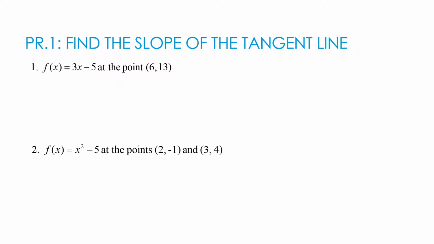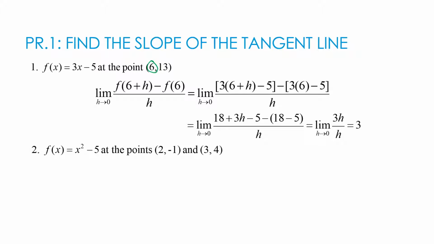So for my first question, I would probably just use method 1 because they've given me a specific x value and just one of them, just 6. So again, I would start by taking 6 plus h and 6. And again, if you want to use delta x there, you can. It just tends to get a little cumbersome with all the delta x's. Then all I did was start doing the math.